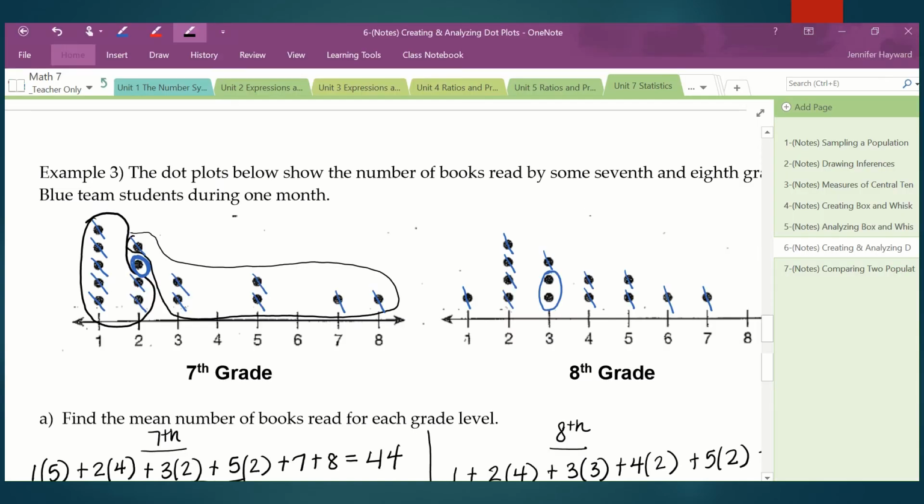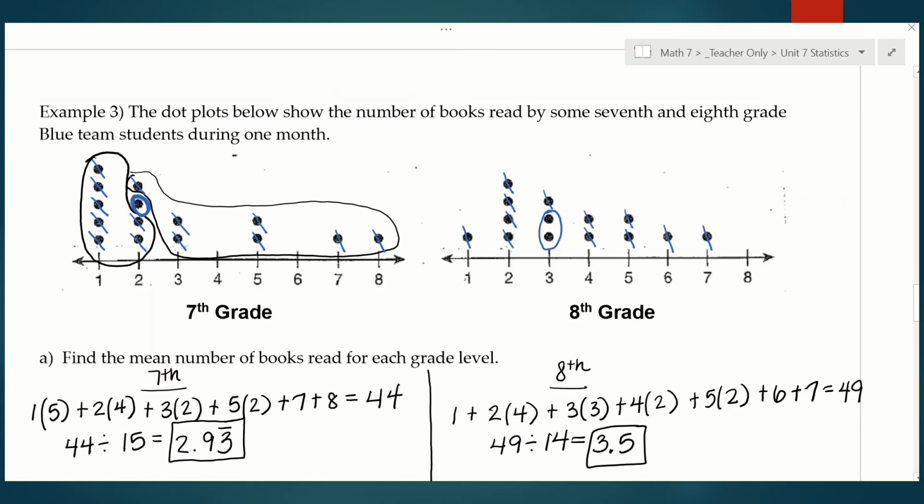Okay, so once you have your data split, now you can go through and start crossing off to find your quartiles. Now I'm going to start with my upper quartile, my third quartile, because I know that that comes first when I'm subtracting to find my interquartile range.